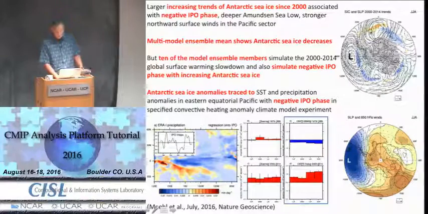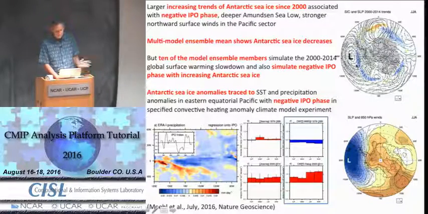But when you look at the sea level pressure anomalies, again, these are observations, the contours of sea level pressure anomalies, and if your eyesight is really good, you can see little arrows. That's the surface wind. But of course, what's happening is this feature here, the Amundsen Sea low, which is kind of the analog in the Southern Hemisphere to the Aleutian low in the North Pacific. The Amundsen Sea low has been getting more intense over this time period.